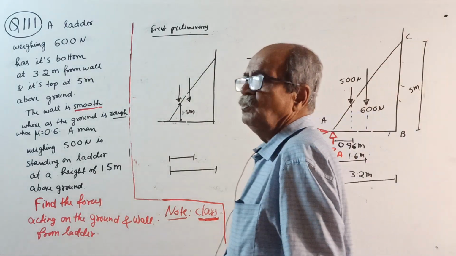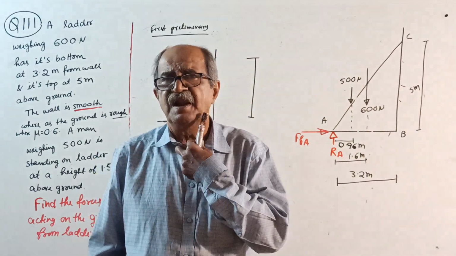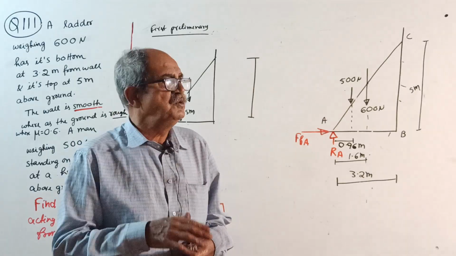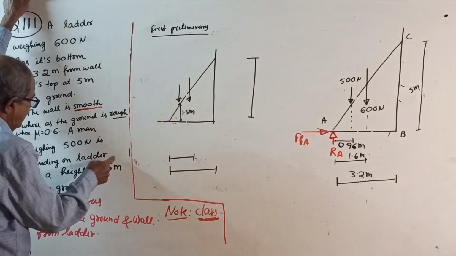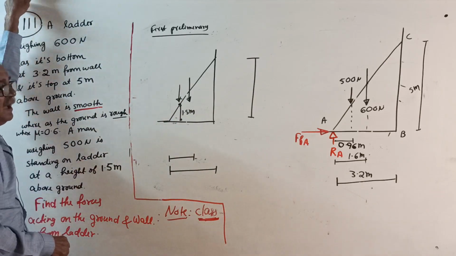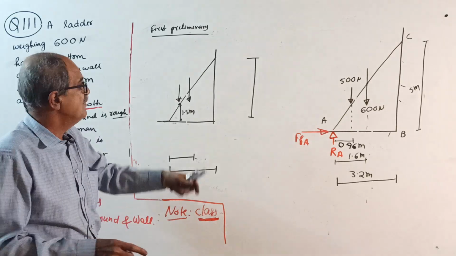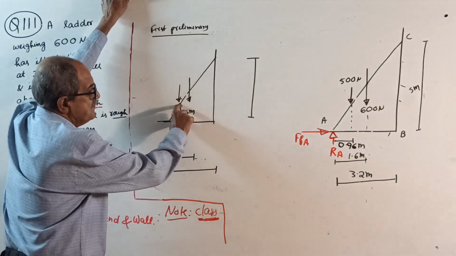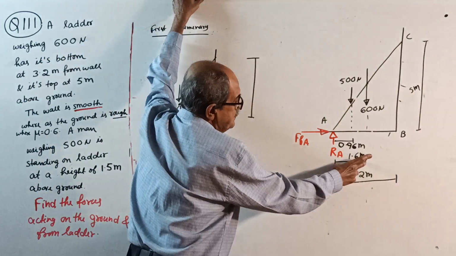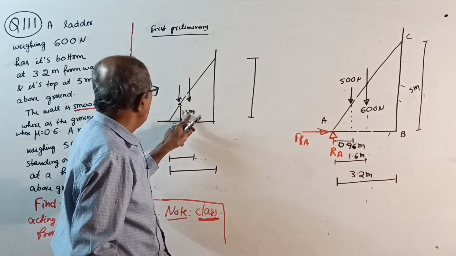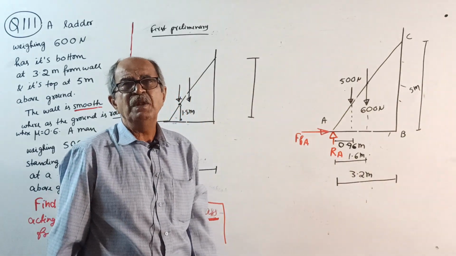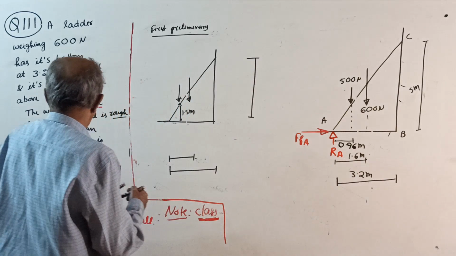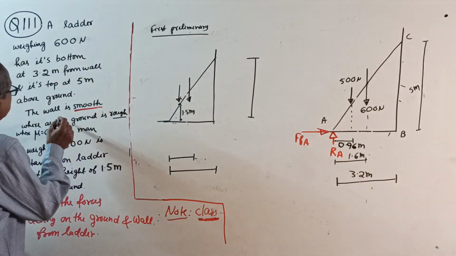Okay. Now we will start our question 111. One small note for you. I told you earlier that the man is standing at a height of 1.6 meter. I am changing it to 1.5, because they told 1.6 and there is one more 1.6 here, but this 1.6 is not that 1.6. Therefore, I usually do not want the same numbers, so I am changing the question. Make a note here: the question is changed.